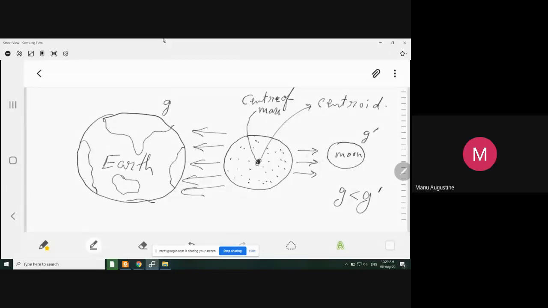तो यहां पर जो आपकी फोर्स लगी हुई है, इस पिंड को जो मून जिस फोर्स से खींच रहा है और इस पिंड को अर्थ जिस फोर्स से खींच रहा है, ये दोनों डिफरेंट है.